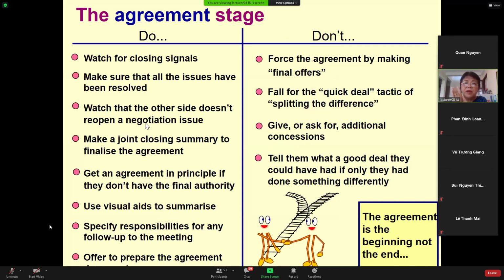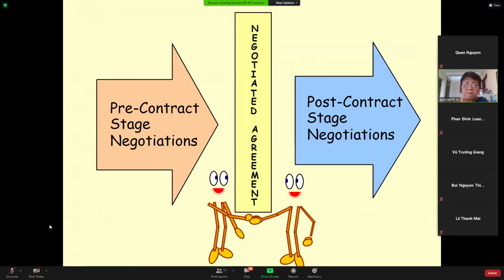And remember, do and don't do, that is some guidance based on experience. They can give it to you as a summary. It's not all correct in your specific situation, but it is good guidance for you during the negotiation.